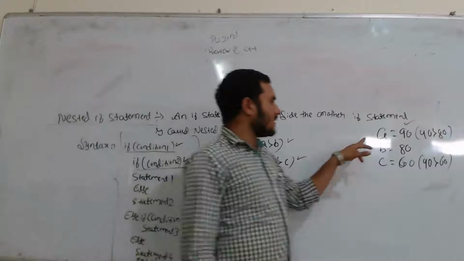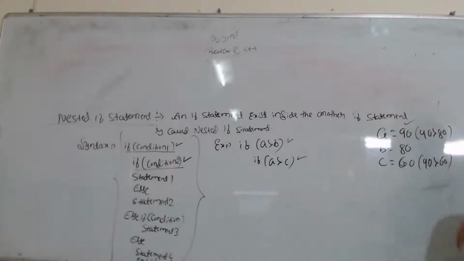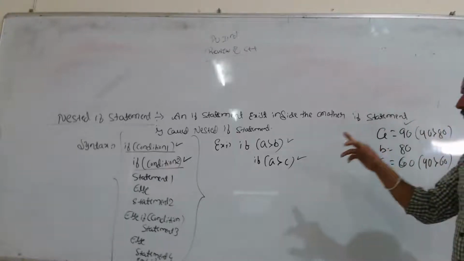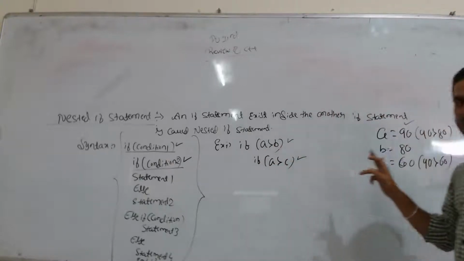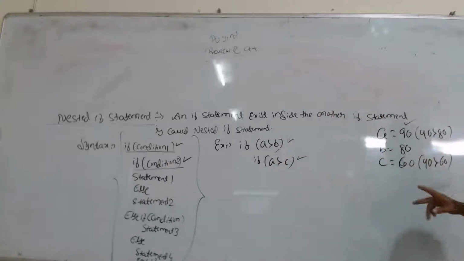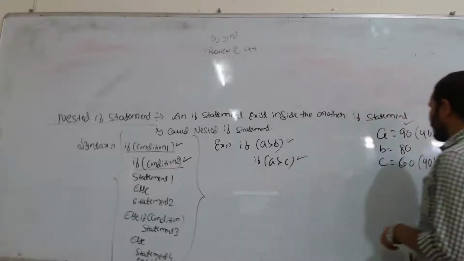Now the values are A is 90, B is 80, C is 60. The A greater than B condition is checked: 90 greater than 80, of course A is bigger compared to B. At the same time, I am checking the second condition.